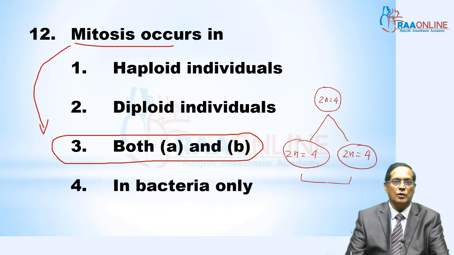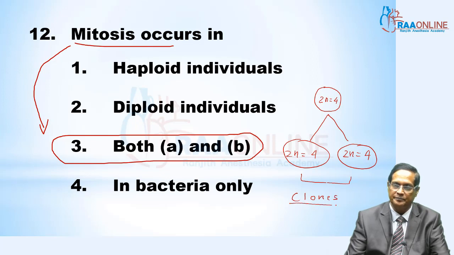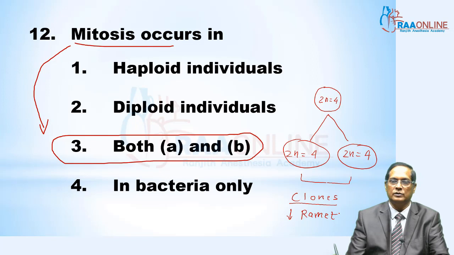They are the photocopy or exact copy of the parent cell. So in mitosis, we can say clones are obtained. By mitosis, clones are obtained, and a single member of a clone is known as a ramet.